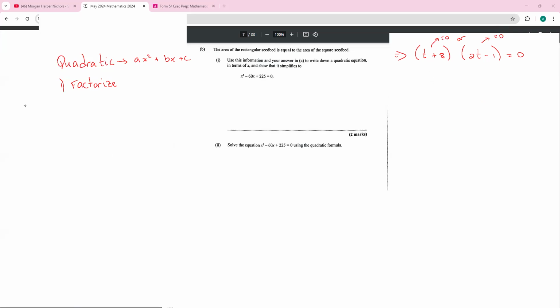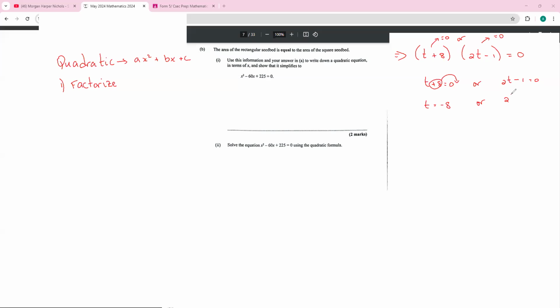Anytime you're factorizing and they ask you to solve it, you say the first bracket equal to 0 or the second bracket equal to 0, and then you solve for t. So we carry across everything else, it becomes 0 minus 8, which will be minus 8.